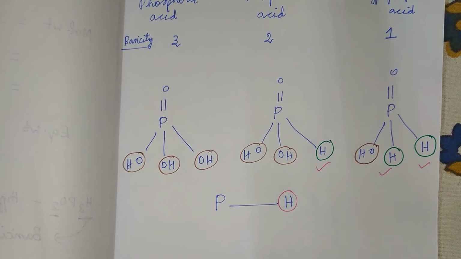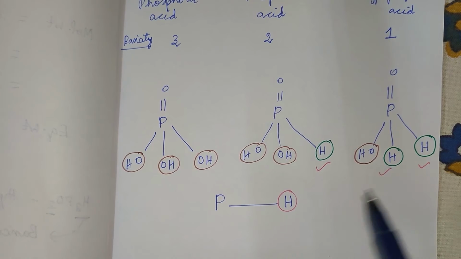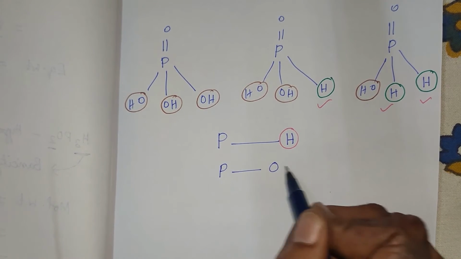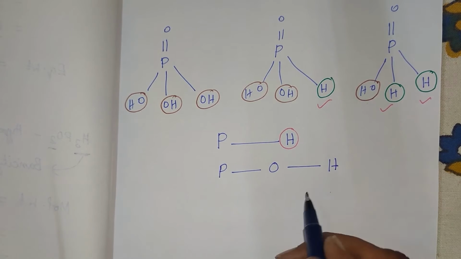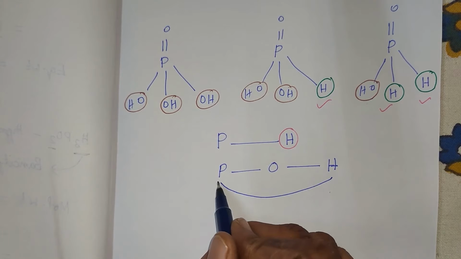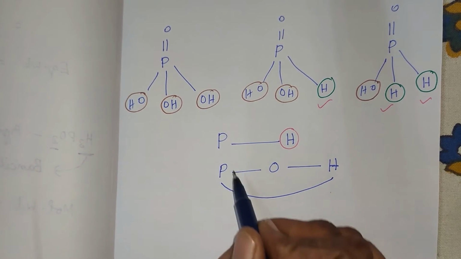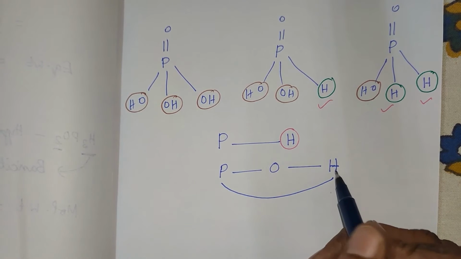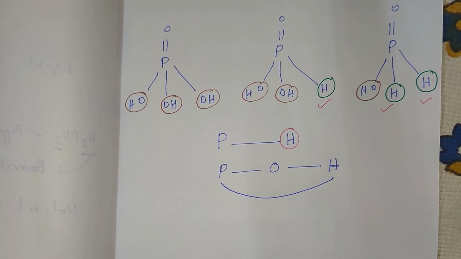Now in this case, this OH is attached to phosphorus in this manner, POH. There is no direct contact between this phosphorus and this hydrogen, because phosphorus is bonded to oxygen, oxygen is bonded to hydrogen. So this hydrogen, I am going to use a green tick for this hydrogen.